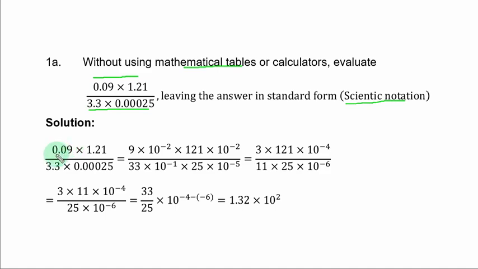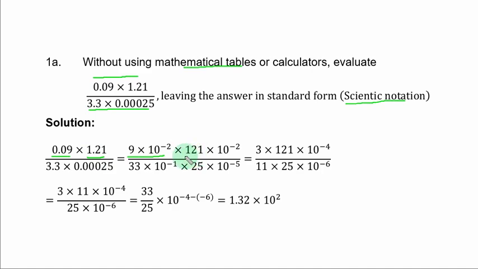So if you express 0.09 as a whole number, that means you have to move the point 2 times, and that means 9 times 10 to the power of minus 2. If the point is being moved forward, that is from left to right, the power is negative. To express 1.21 as a whole number, you move the point twice also.